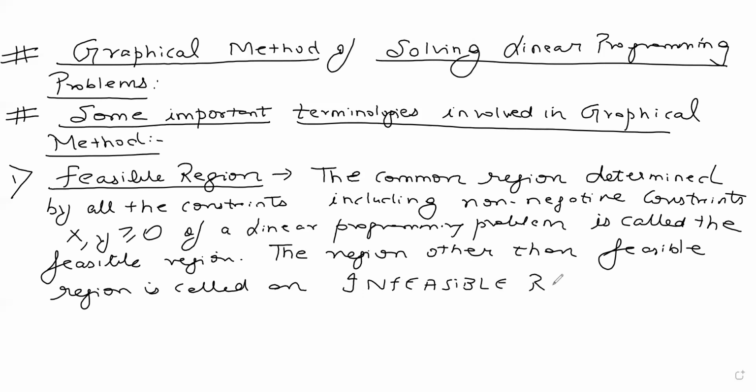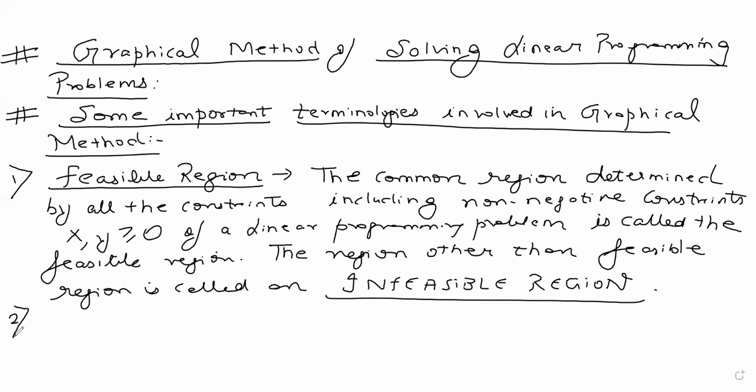That region which lies outside the feasible region is called an infeasible region. So I once again repeat, when you solve all the linear constraints and you shade the common area, that gives you the feasible region. All points outside the feasible region belong to the infeasible region.